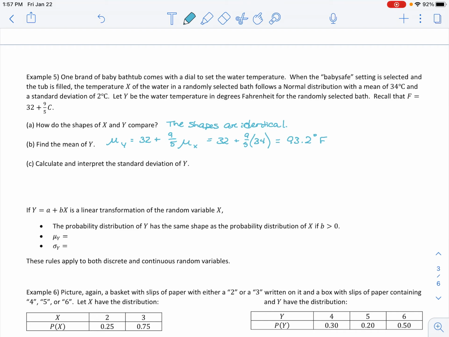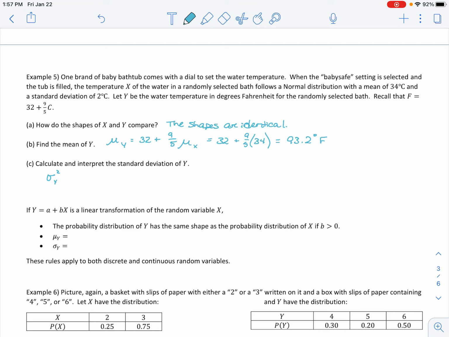Standard deviation, though, does. Standard deviation is unaffected by adding and subtracting. It's a measure of width. Sliding left to right does not change your width. So that plus 32 is irrelevant. First, I'm going to think of my variance.